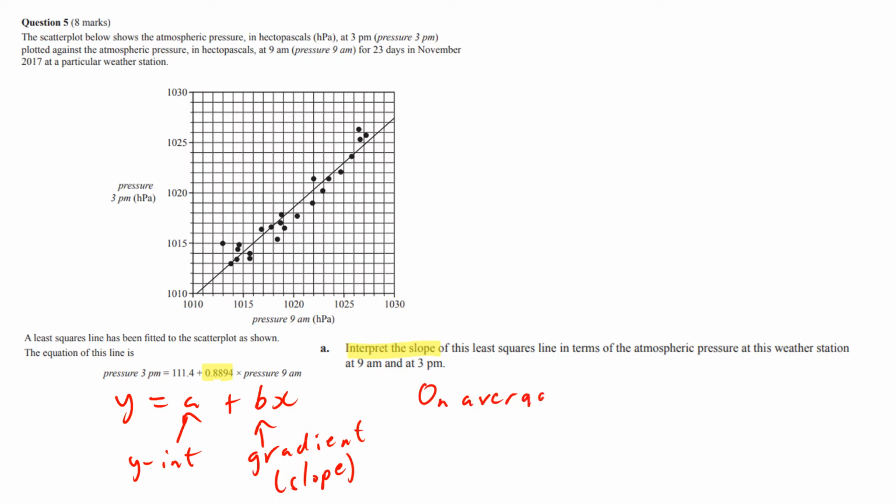On average, pressure at 3 p.m., and that's the Y one, increases. And we're saying increases because it's got a positive slope, and you can see the positive there.